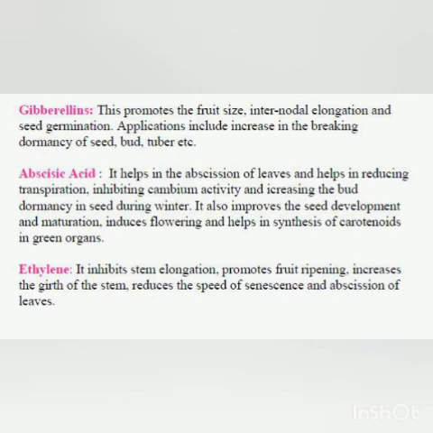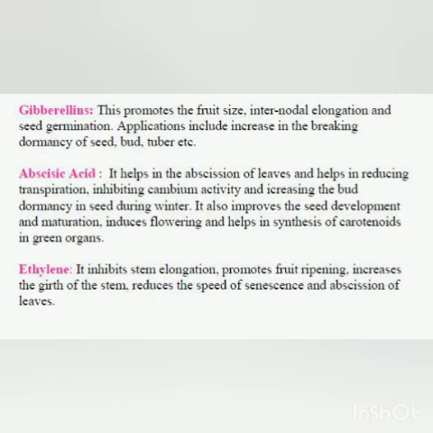Abscisic acid helps in the abscission of leaves and helps in reducing transpiration, inhibiting cambium activity, and increasing bud dormancy in seed during winter. It also improves seed development and maturation.